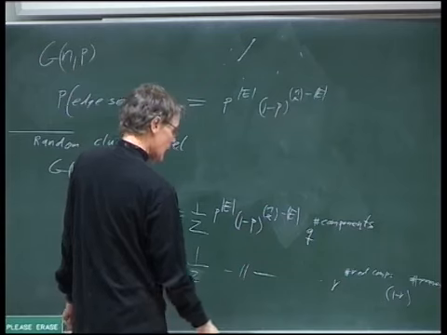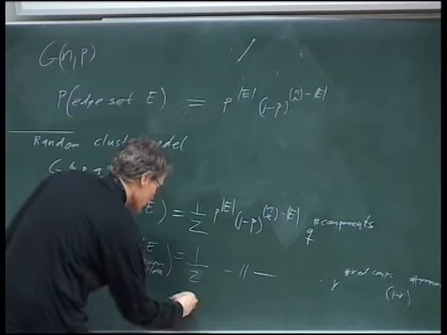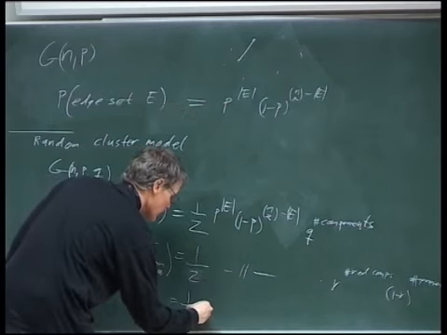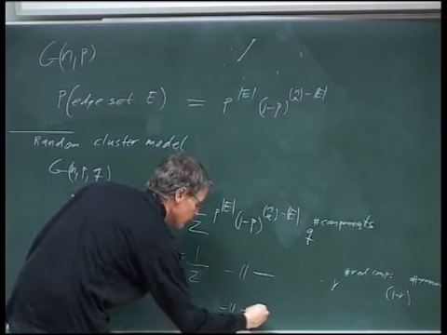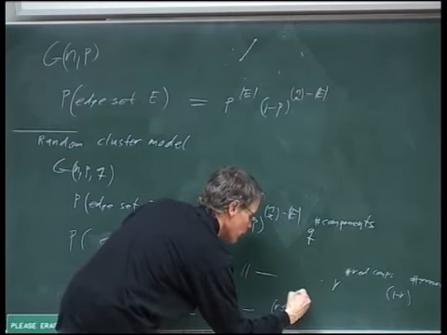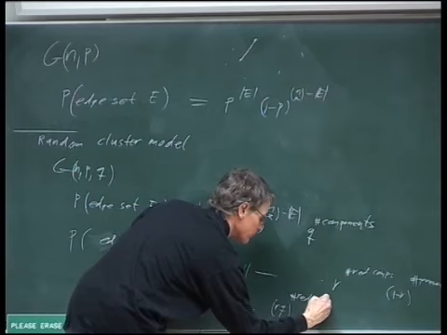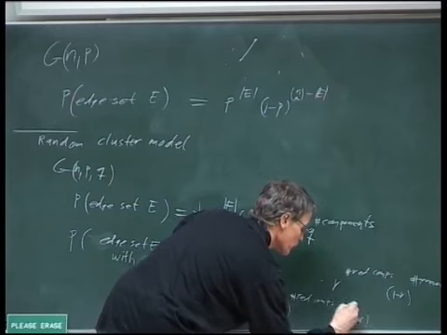And well, if I combine these things, you can see that we can write this as this constant, the same p factors, but then we have rq to the number of red components, and (1 minus r) times q to the number of green.